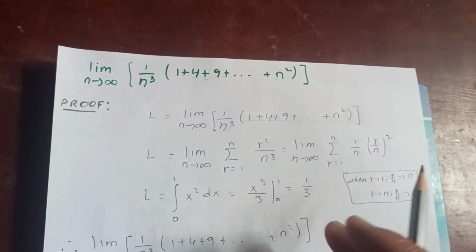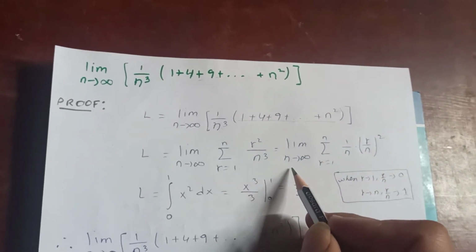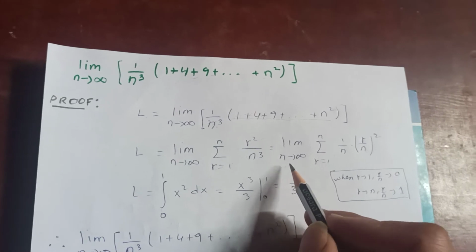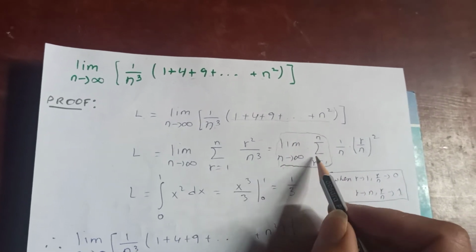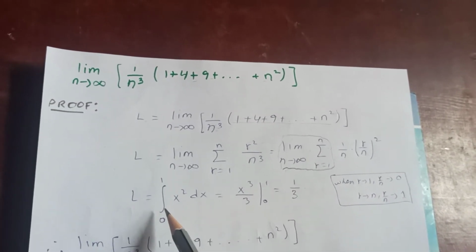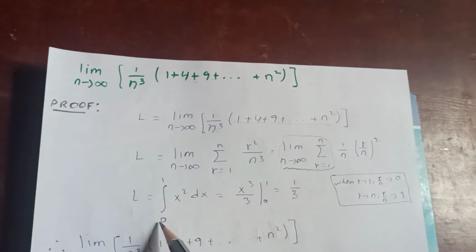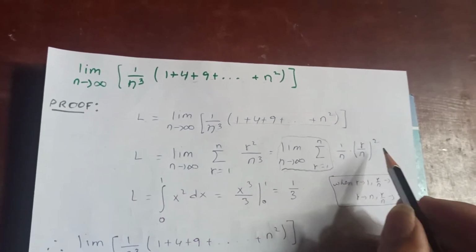Now, to change the limit to a definite integral, you have to substitute the limit and this summation with integration, and the limits of integration can be found here: r equals 1 to n.